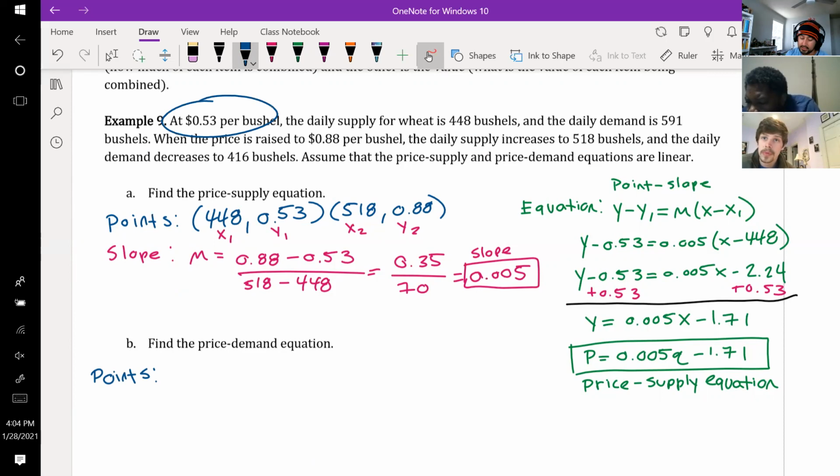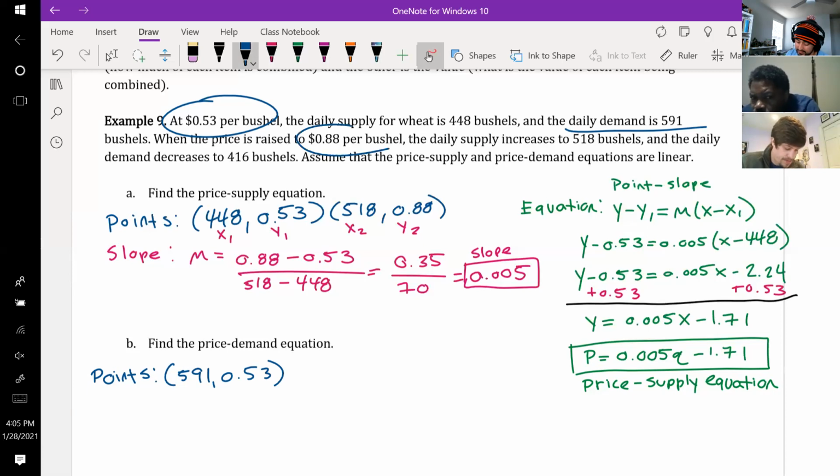At 53 cents per bushel, now we are making a demand equation. The daily demand is 591. So this is going to be the first point for our demand equation. 591 and 53 cents. And then we read the next line.